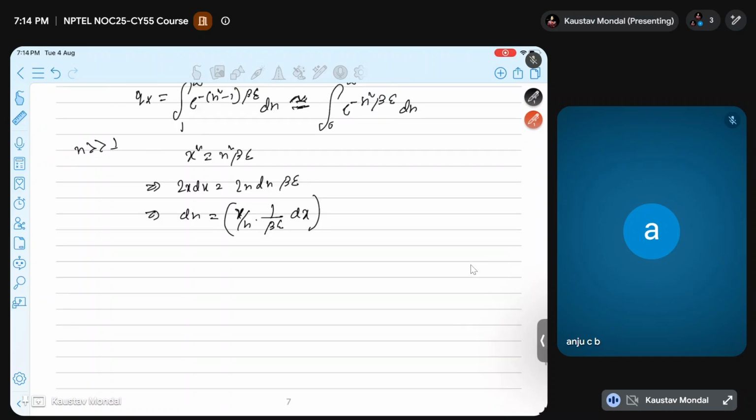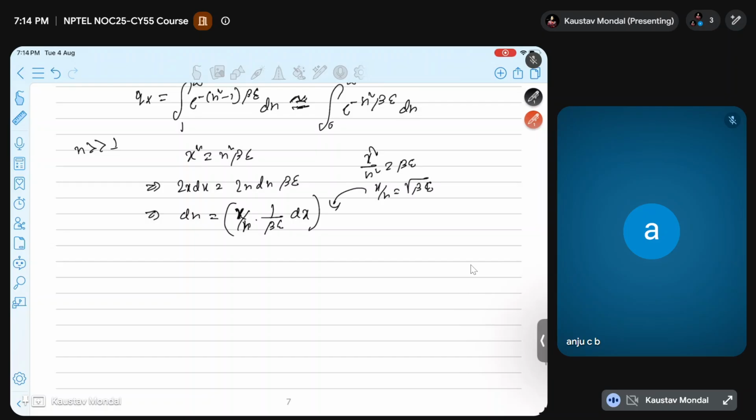Now we have to write the whole thing in terms of x. So here the n thing we can write as, x square by n square is beta e, so x by n is square root of beta e.